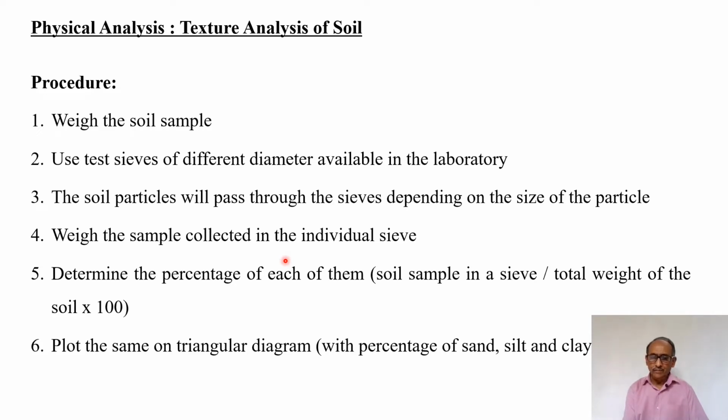And then we can find out the percentage of that. And so that is with the help of a triangular graph or diagram, which we are going to see. This is a common diagram which is used for the analysis of soil texture by the physical method. We are able to identify the type of soil.